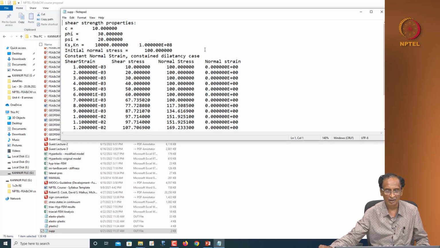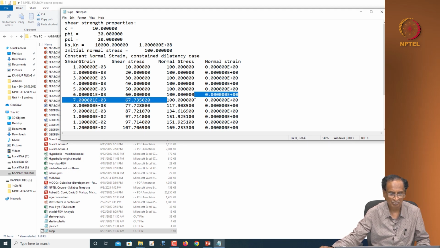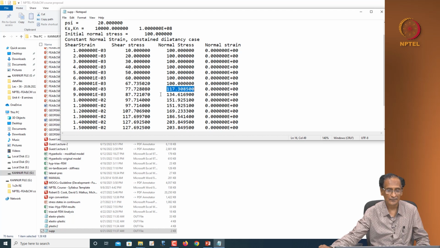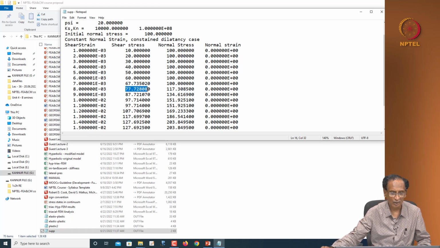So, now we see during the elastic state our normal stress is remaining constant at 100, but then in the plastic state the normal stress will go on increasing because of suppressed dilatancy. Once the normal stress increases, the allowable shear stress also increases.